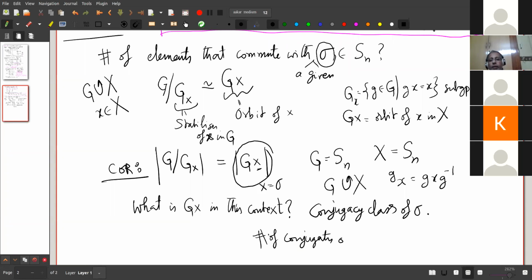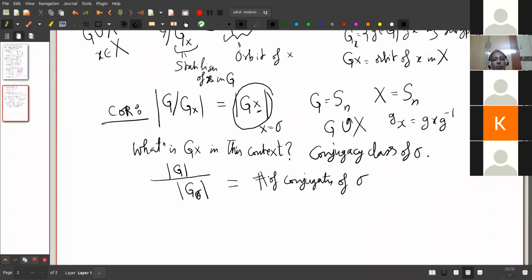The right-hand side is equal to, now this is a coset space, so I can write this as G by G_sigma, the stabilizer at sigma. Now what is G_sigma? Anybody please? What is G sub sigma?